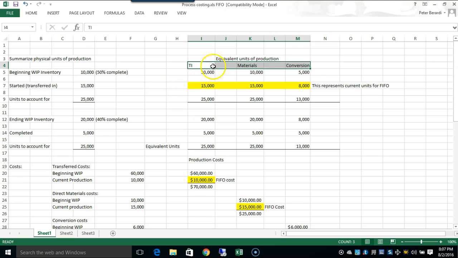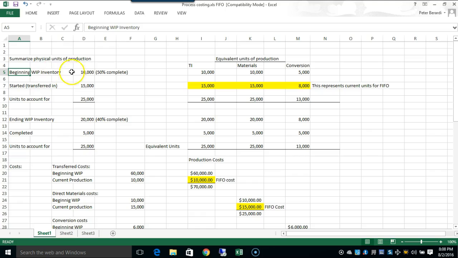And basically, a good matrix and know where your numbers go, and it starts to make sense. So let's look at some of our problems here. Summarize physical units is step 1 right here.